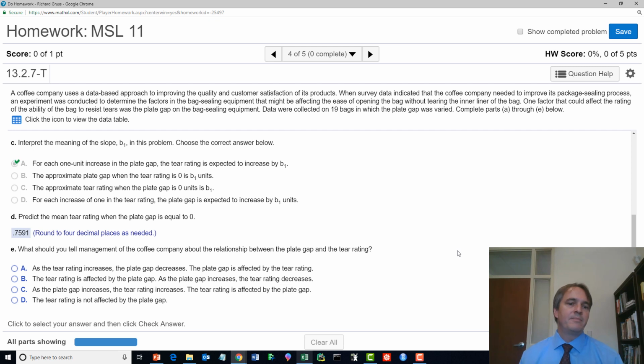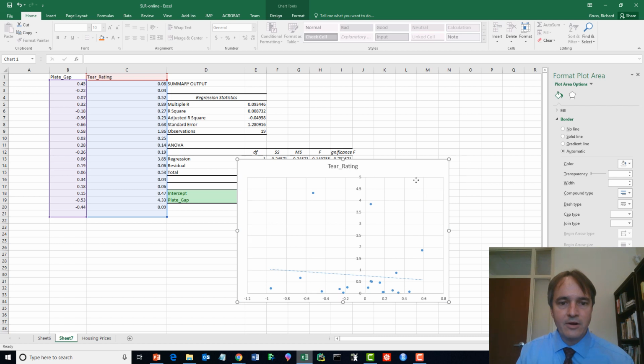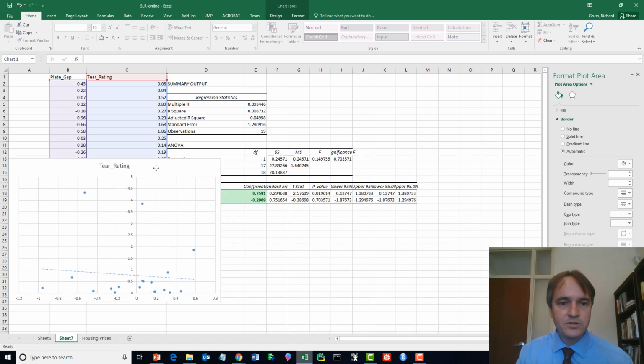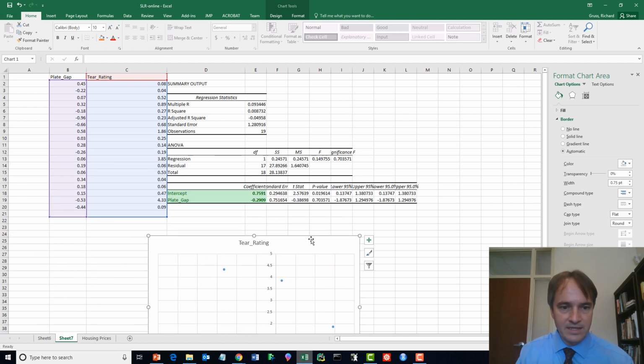And so what should you tell management of the coffee company about the relationship between plate gap and tear rating? Now, this one is a little bit tricky because, as we'll see when we get into evaluating model fit next time, there are many reasons why we should conclude that there's not really any relationship at all between these two.